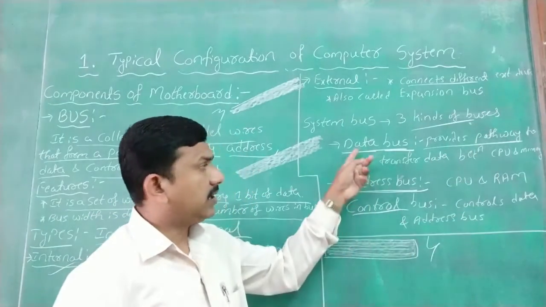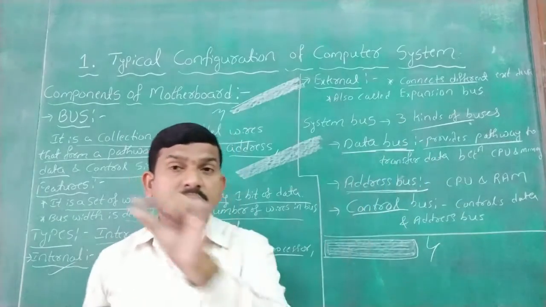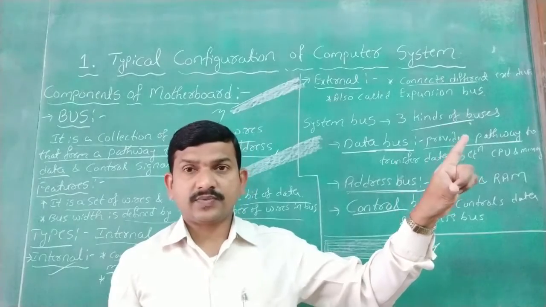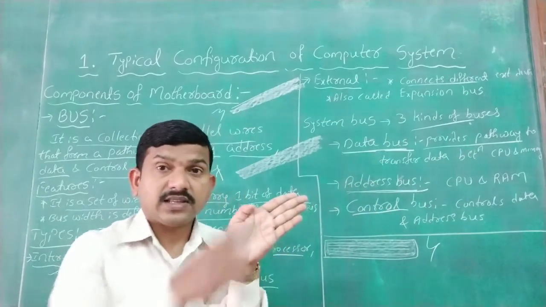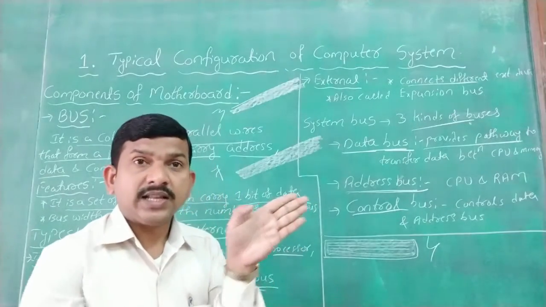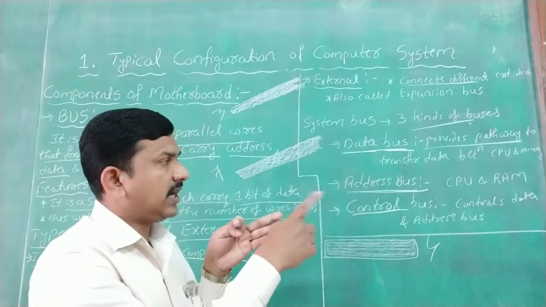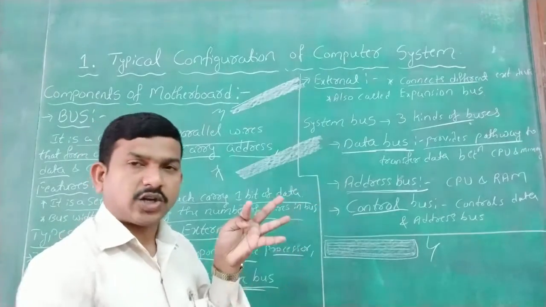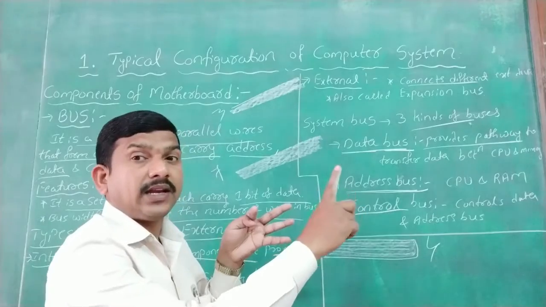What does the data bus do? It carries data. Address bus carries only addresses, where it should be stored. Bus means there are different wires. Assume that this is a bus and it contains 3 wires: data bus, address bus and control bus. This bus carries the data, for example 10.